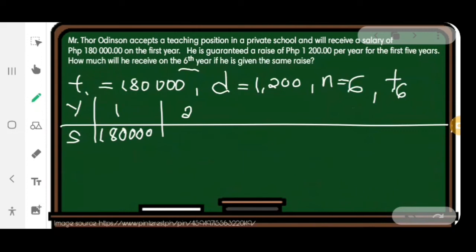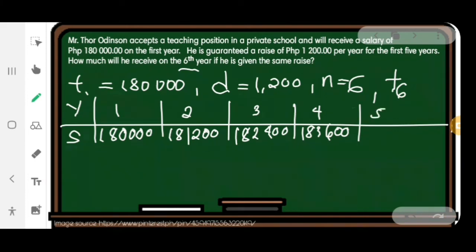For the second year, since he will be given a raise of 1,200, he will receive 181,200. For the third year, given another raise, he will receive 182,400. For the fourth year, he will receive 183,600.